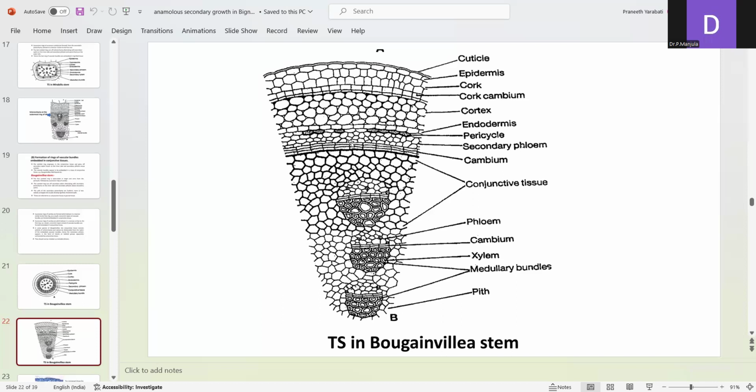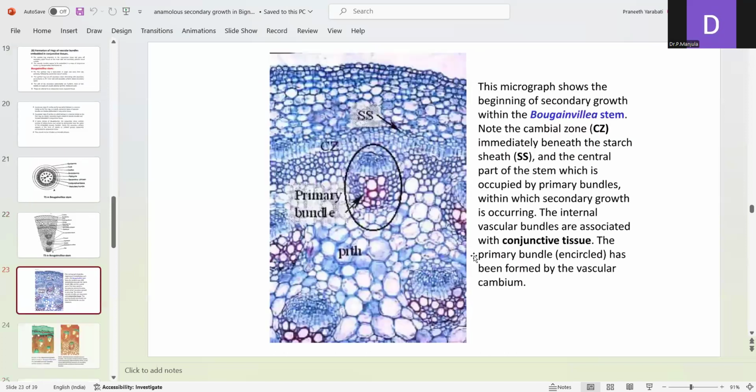So due to which what happens? So these phloem which is embedded in the... so these are the regrowth which occur in the bougainvillea.